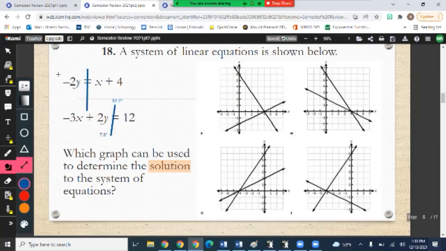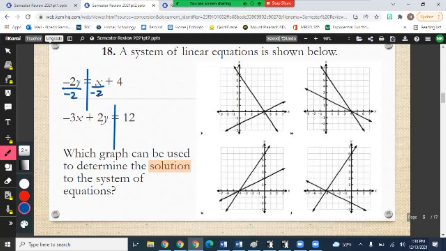So draw your line. Not going to go over the steps on how to solve for y because that is something that you should already know by this point. The only thing you had to do on that top equation, if you convert it to standard form, don't erase it. Just copy the work down in another spot. So solve for y, -1/2x, and 4 divided by -2, -2.